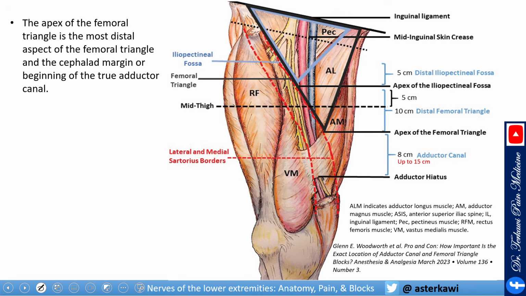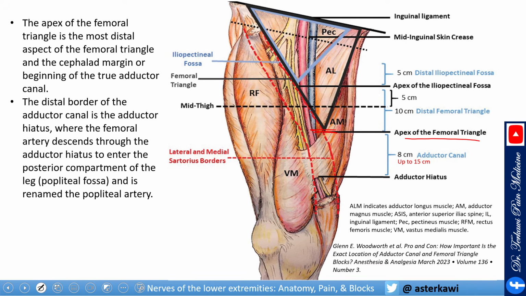The apex of the femoral triangle is the most distal aspect of the femoral triangle and the cephalad margin of the beginning of the adductor canal. So here, the end of the femoral triangle and the beginning of the adductor canal, which extends distal to the adductor hiatus.